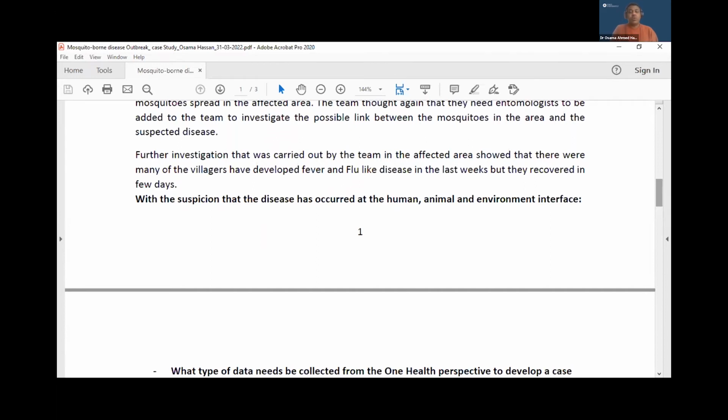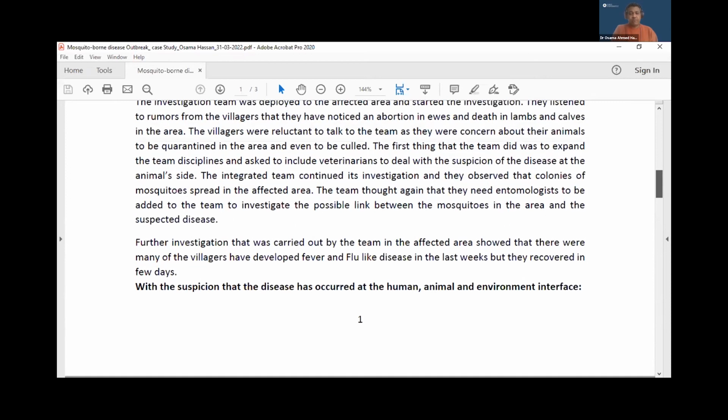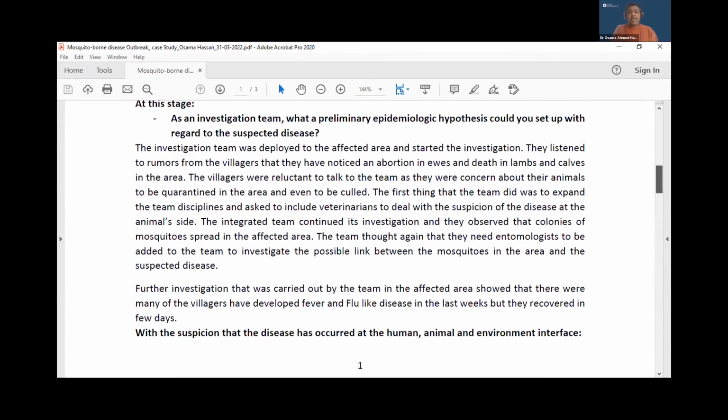Okay. So we have three parts of this information here. When the team went to the affected area, they listened to rumors from the villagers that abortion was noticed in ewes and deaths in lambs and cows. And also they recognized that the villagers were not interested to talk about this to the team because they were concerned that their animals might be quarantined in the area, so they cannot move to seek grass or even sources of water.